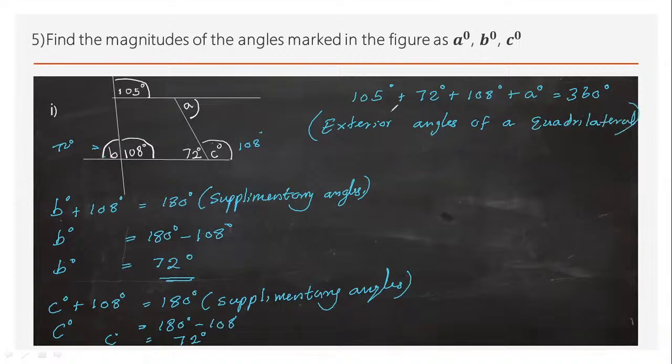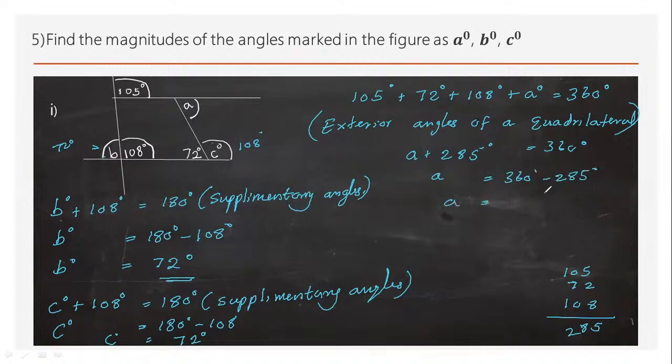Then 105, 72, 108. 8 and 2, 10 and 5, 15, 1 remainder, 285. Then A plus 285 equals 360. A equals 360 minus 285.